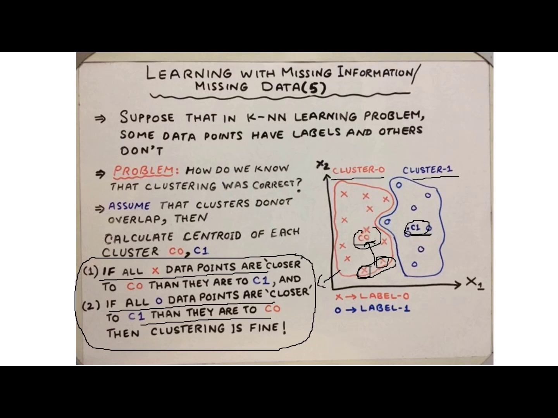So if the unseen data point falls here, then it is going to be labeled 0. Whereas if the unseen data point falls in the blue cluster over here, then it is going to get labeled 1.